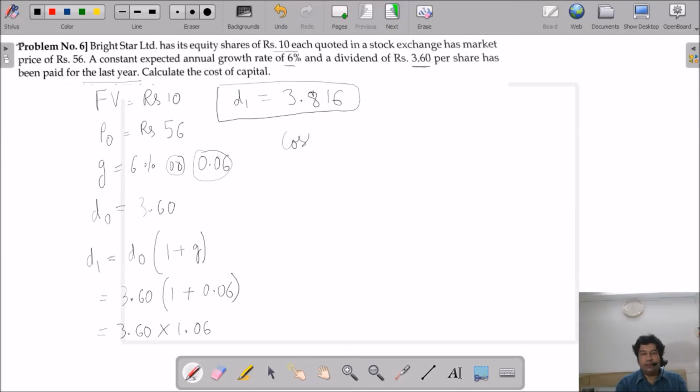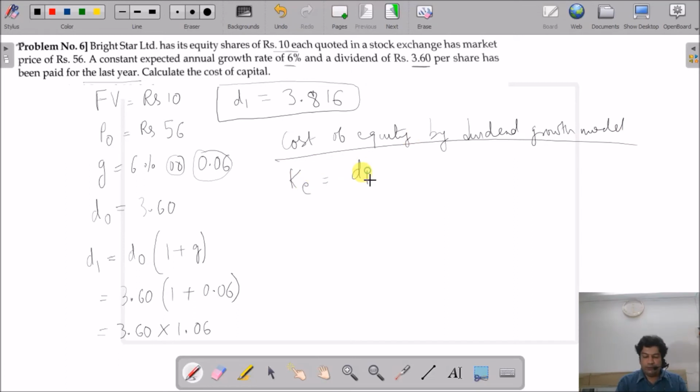So this is D1 which we have calculated, and everything is given. We can find the cost of equity by the dividend growth model. So the cost of equity will be D1, which is your future dividend, divided by P0, which is your current market price, plus the growth rate. So D1 is 3.816.